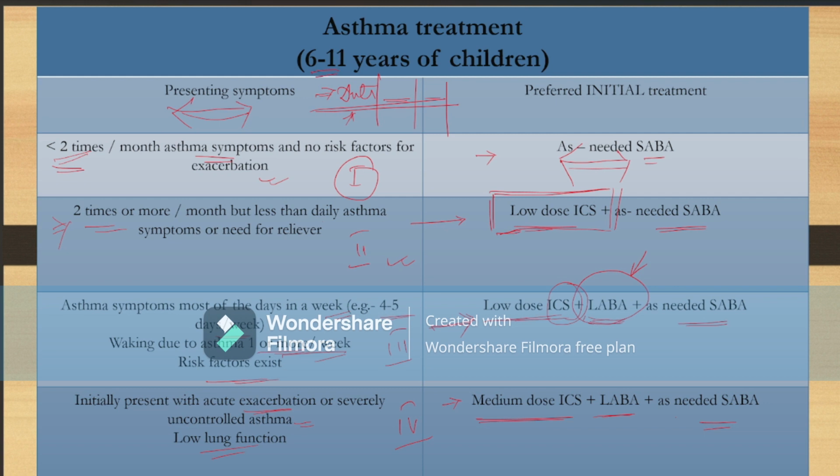If the patient has night awakening or almost everyday symptoms, then we go for long acting beta agonist plus ICS and SABA. And if the patient presents to you with acute exacerbation, then go for medium dose inhaled corticosteroid and LABA and short acting beta agonist as-need therapy.